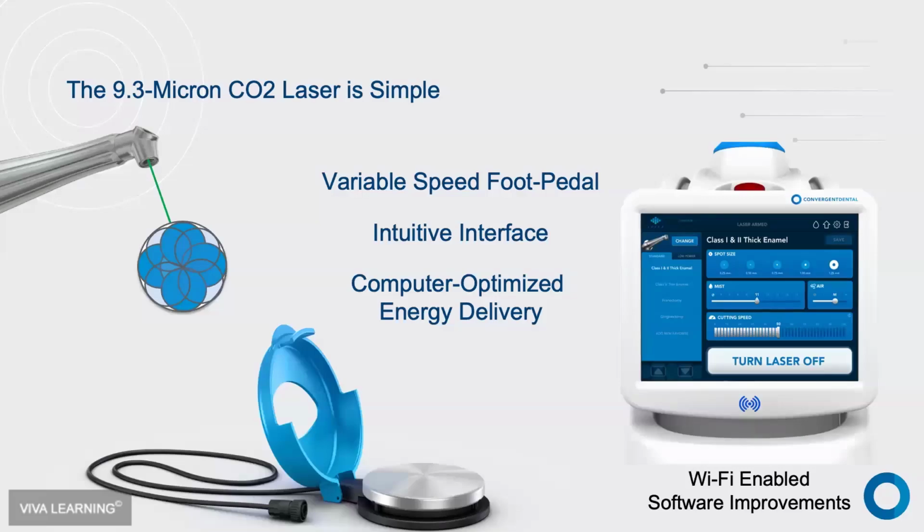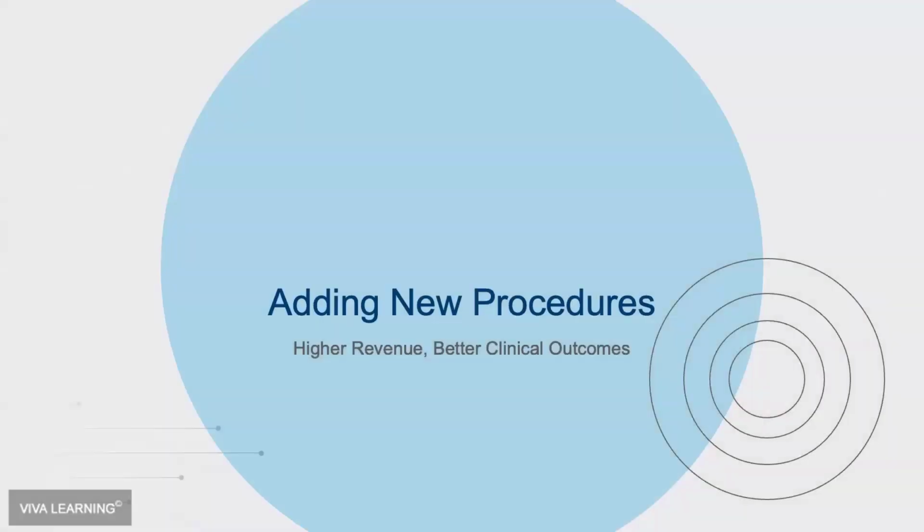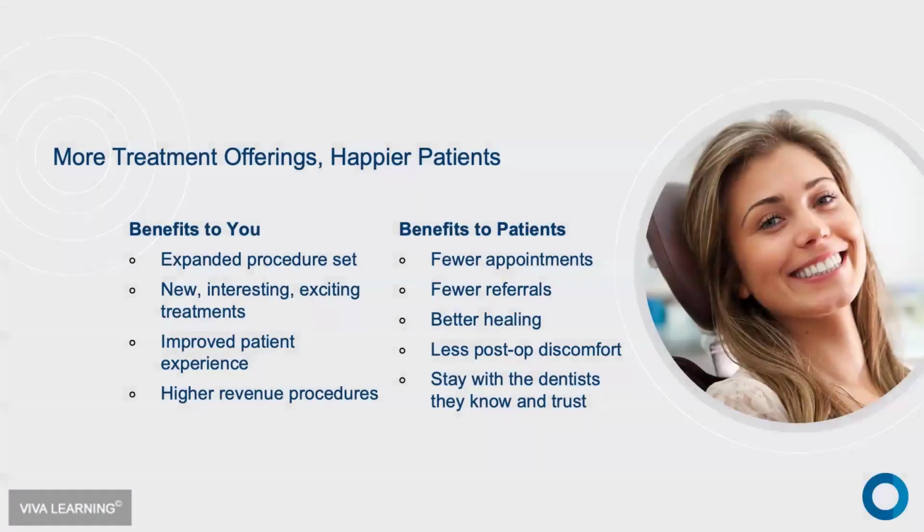So, take home lesson here: I don't have to understand joules and hertz and watts and fluence. I just turn it on, select the size you want, and it's going to cut. So pretty fantastic there. And that's the thing, with new procedures, I could start doing things that I didn't do before.